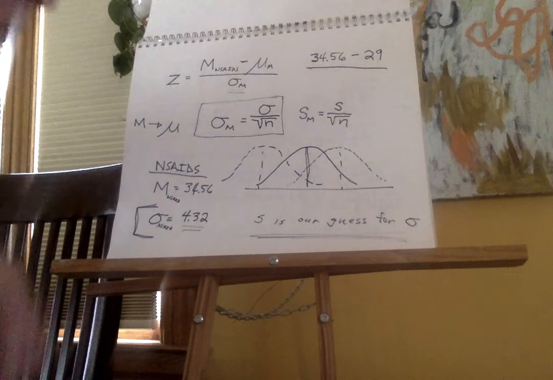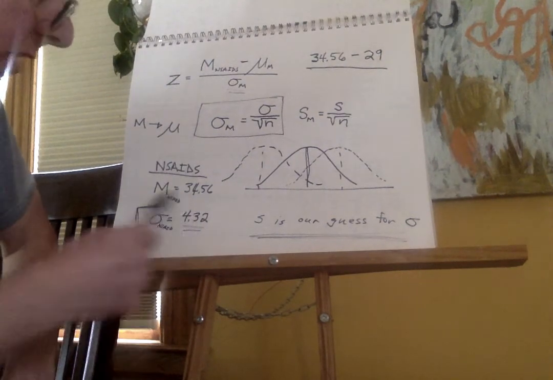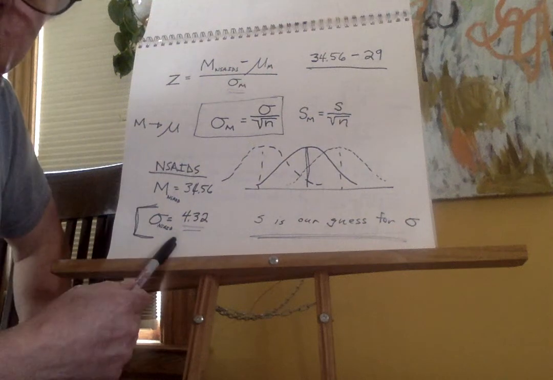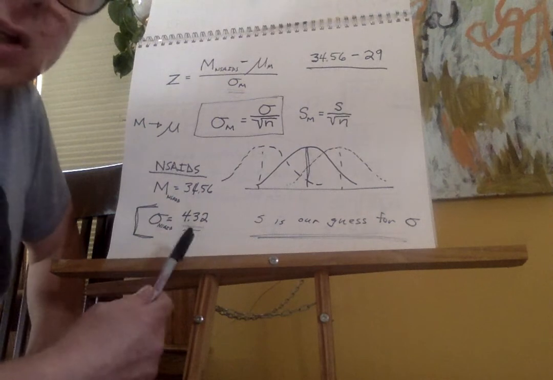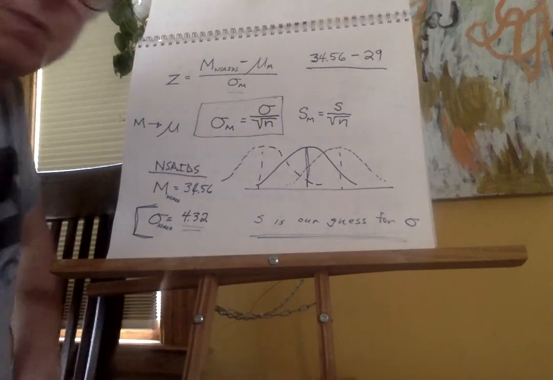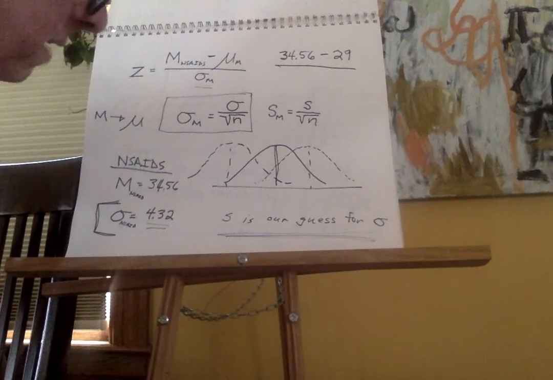So what we came up with was this notion of using the standard deviation for our sample as a guess for the standard deviation of the normal treatment that we usually see.